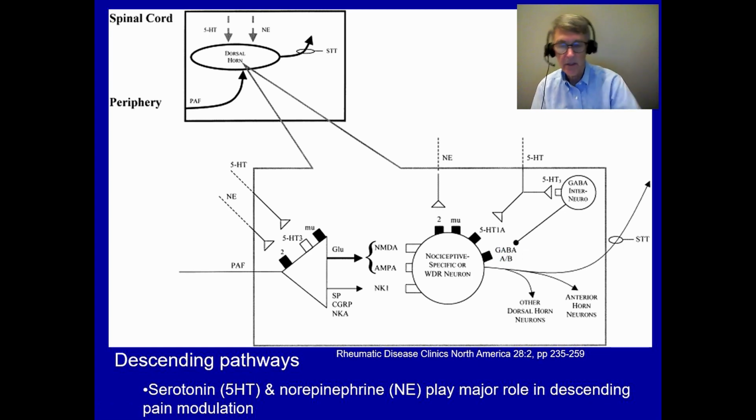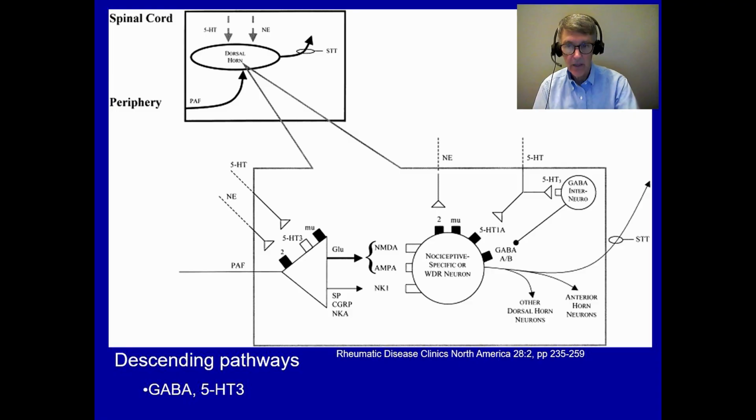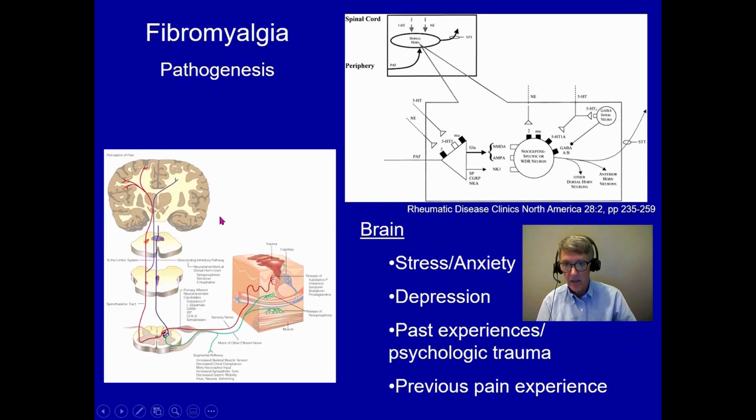Now, in addition to the wind-up at the dorsal horn of the spinal cord, we also have the brain involved, and effects on the brain can affect one's perception and distress from the pain. Things such as stress and anxiety can increase pain perception, increase stress related to the pain. Depression can affect it. Past experiences with pain and psychological trauma can affect the response to pain.